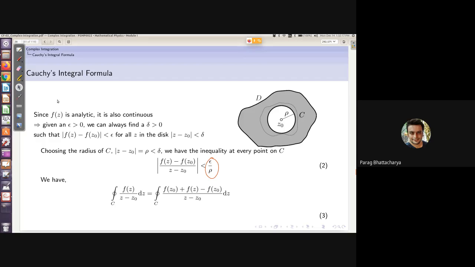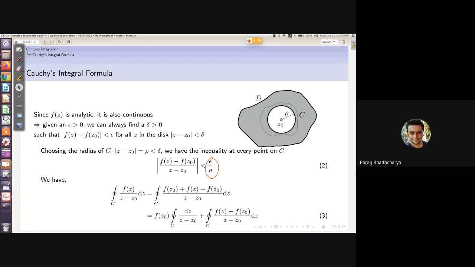So in this expression, again we go back to the integral of f of z by z minus z naught. We open this up, so we just add and subtract f of z naught. So f of z plus f of z naught here, and we have a minus f of z naught here. No harm, we can do that. So then we get two integrals.